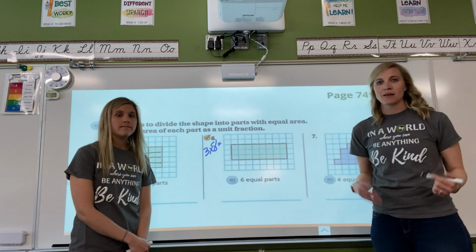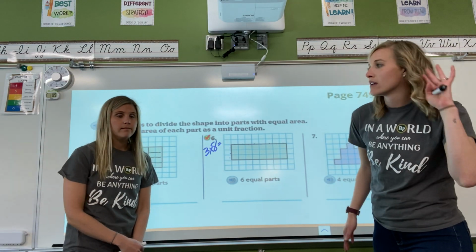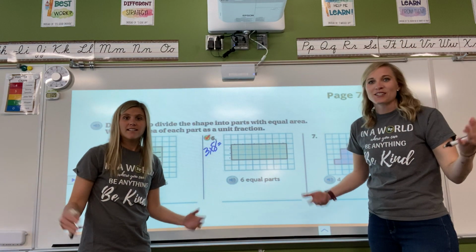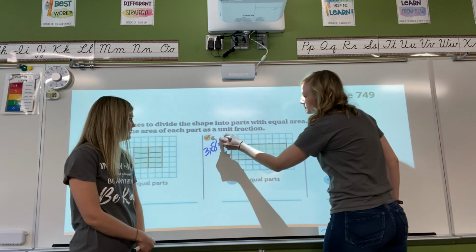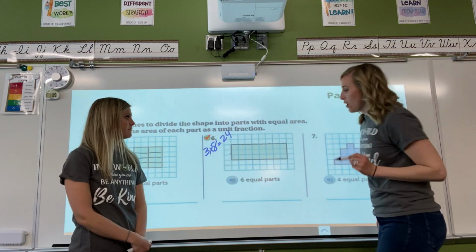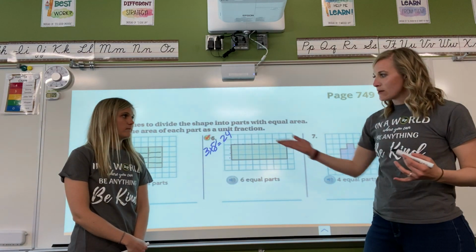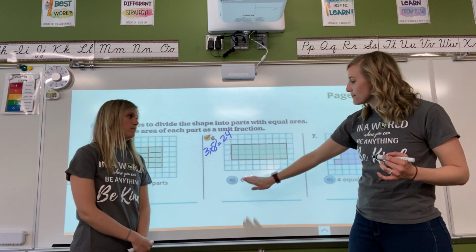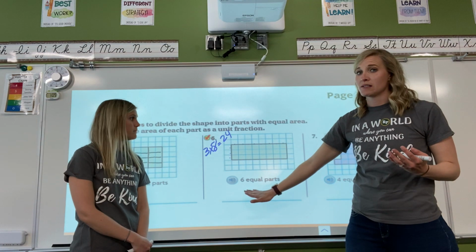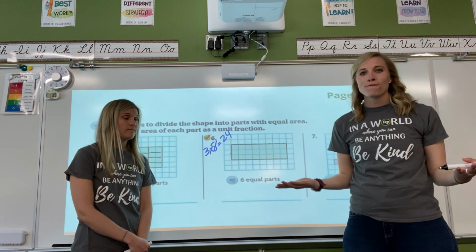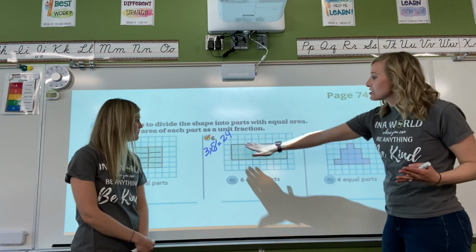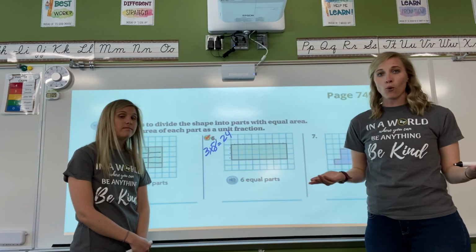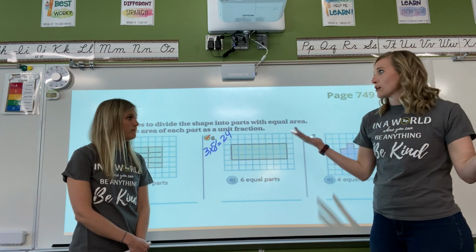Well, 3 times 8 equals what? Yes, 24. Okay, so just like how we did the last one, I want to say 24 divided by 6 equal parts equals 4. So each spot needs to have 4 square units for an area.